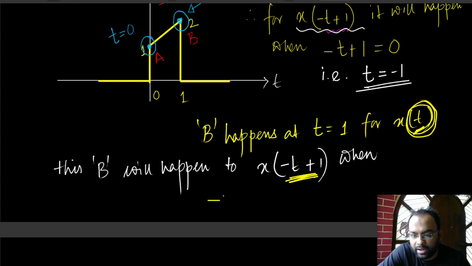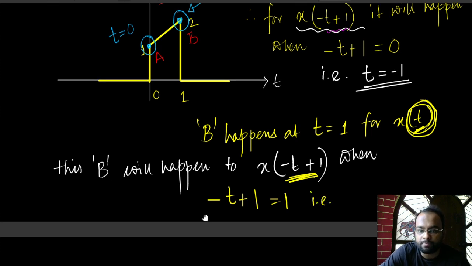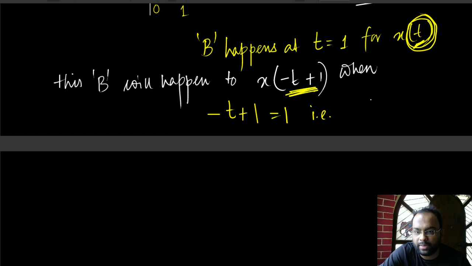This critical point happened to the original signal when t was equal to 1. The same critical point will happen to this signal when the entire internal argument, which is replacing t, is equal to 1. If you simplify this, that is at t equal to 0.